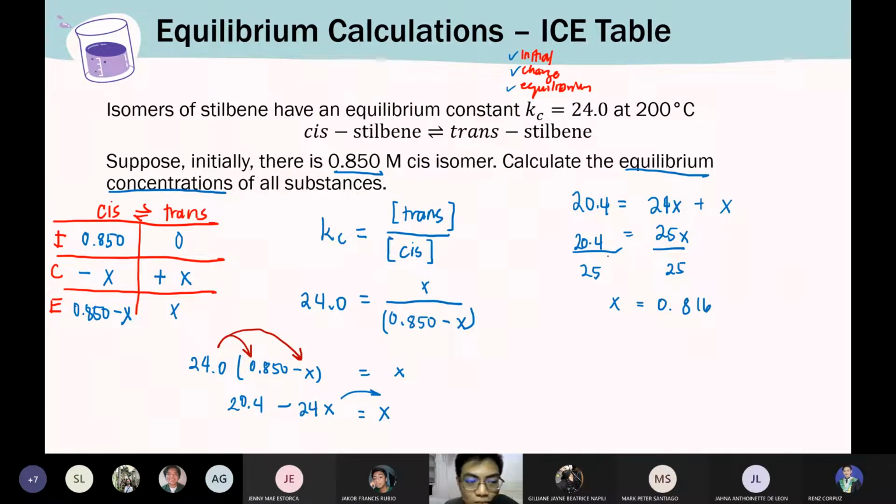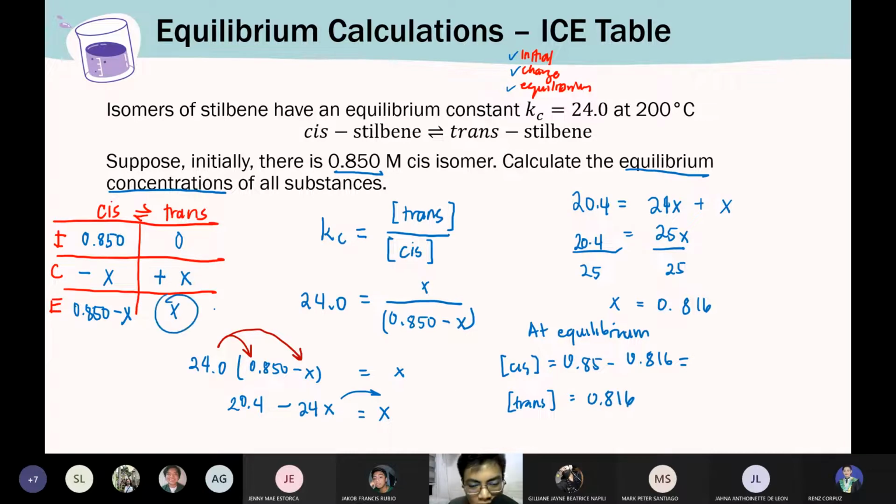So, ang gagawin mo, you plug it into your equations. Plug in mo siya. So, meaning, at equilibrium, yung cis mo, that's 0.85 minus 0.816. And then yung trans, edi yun na yun mismo, 0.816. Kasi x lang siya eh.